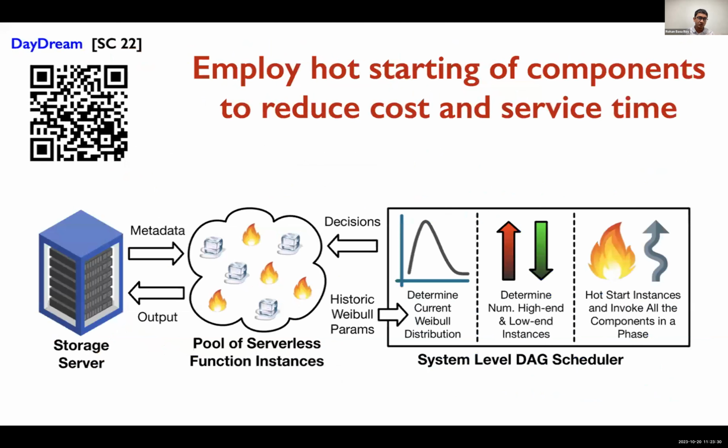This is what we do in our paper Daydream, which was published in Supercomputing last year. We hot start multiple components even before they are invoked, to avoid the whole cold start problem. Our main objective is to reduce the overall cold start overhead and improve the service time of different HPC applications.